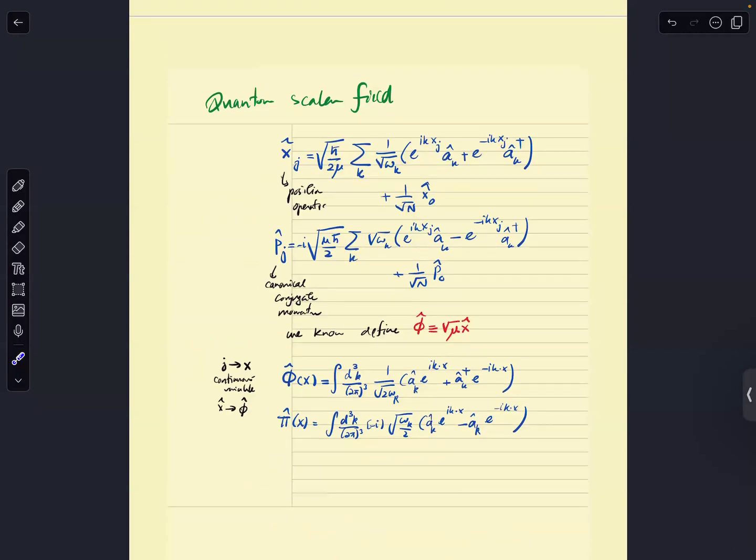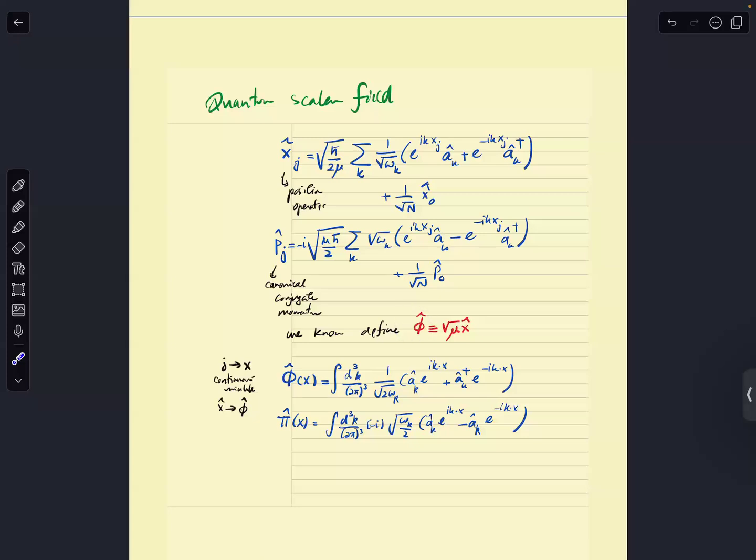All right, so what are the quantum scalar fields? You have x hat of j, the position operator. You have p hat of j, the canonical conjugate. You can relate them to a_k and a_k daggers, using all the equations we've had. There will be a zero momentum mode, the zero modes.